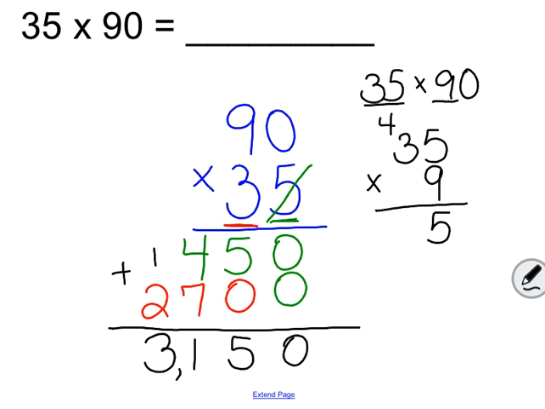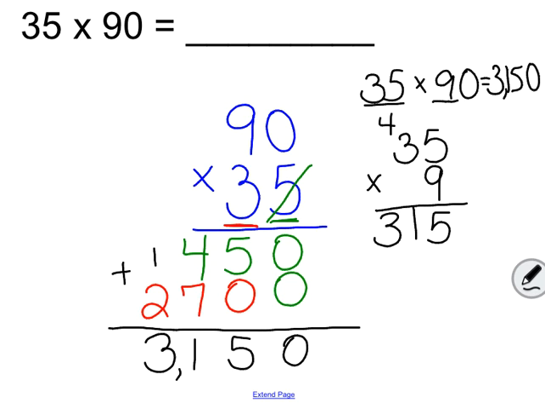Regroup the 4. 9 times 3 is 27. Plus 4 is 31. So equals 315. And now my 0, which is 3,150.